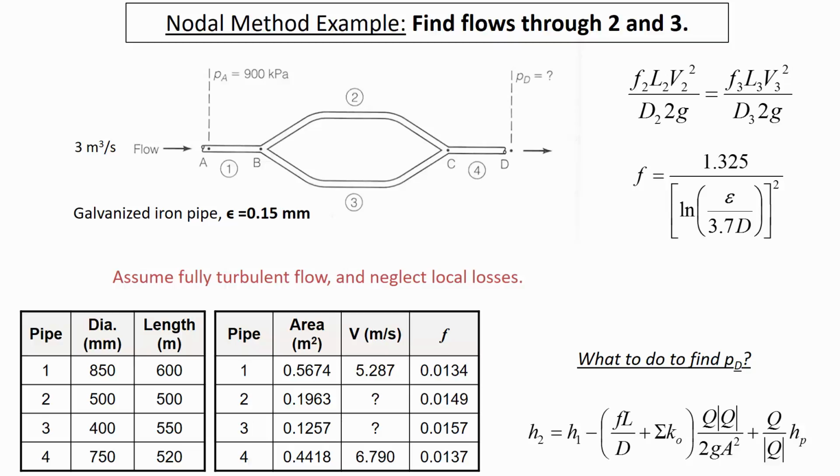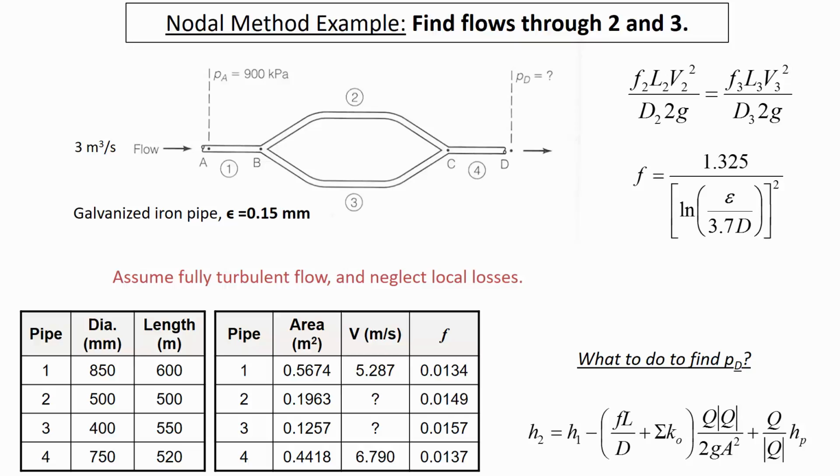And so once we know the head at D, we can find the pressure, because remember the definition of the total head: it's the elevation head, the pressure head, and the velocity head. So if we have the total head at D, then that would be the pressure head at D plus the velocity head at D and the elevation at D. And so assuming, like I mentioned earlier, that all of the elevations are the same, we would substitute in the known velocity through pipe 4 to give us the velocity head.